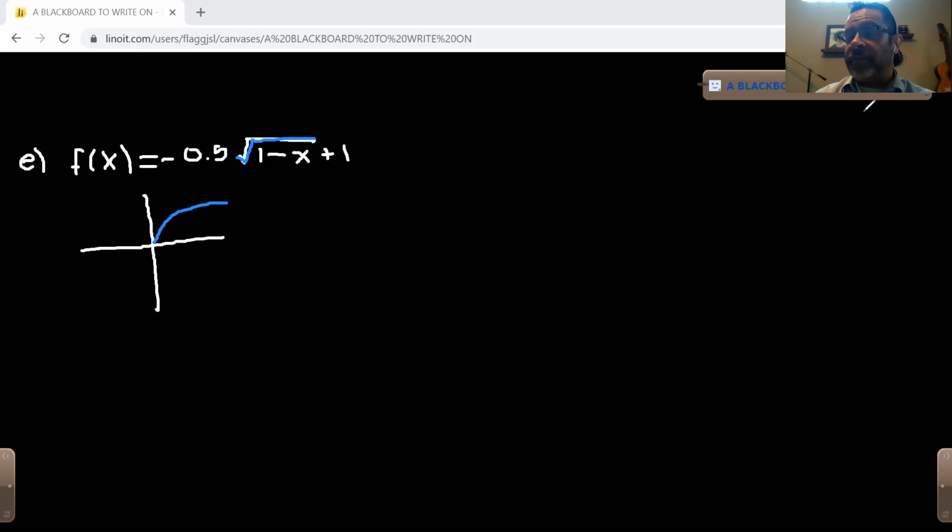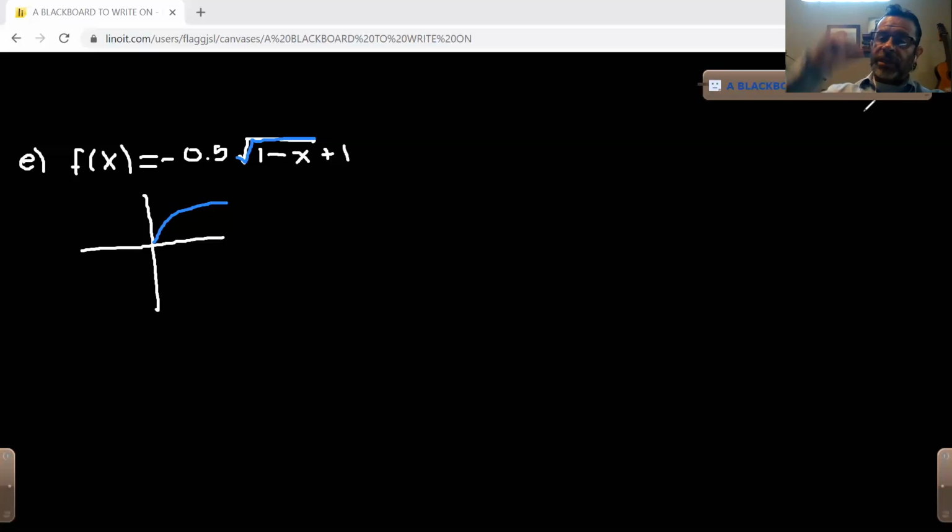So there's a minus 0.5 there. If it's a 0.5, what does that mean? Does somebody remember? If we're multiplying by a 0.5, what does that mean? I remember Andrea said that it was not going to stretch, it was going to, what was the other? Compress. It's compress, correct. Very good.